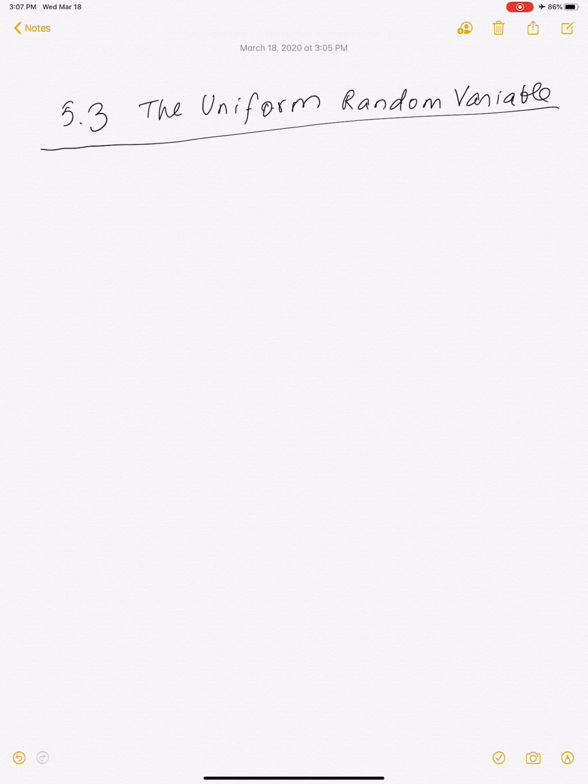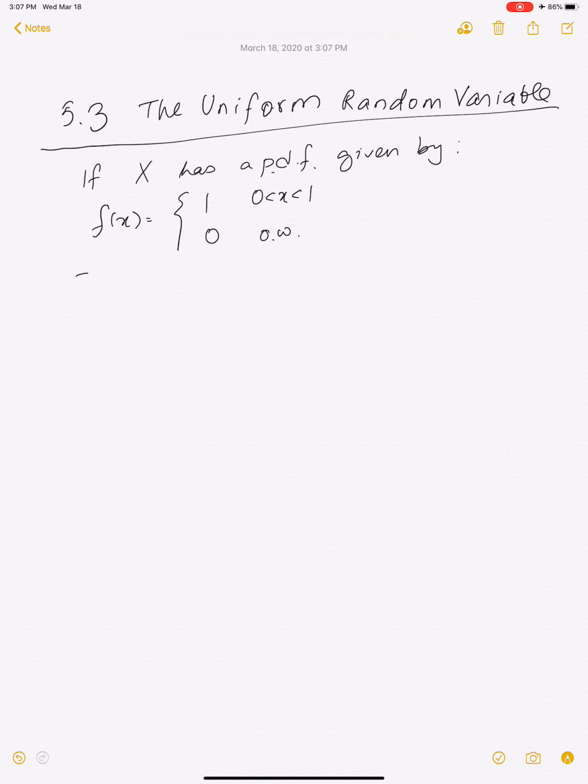So suppose you have a random variable whose density f of x is 1 when x is between 0 and 1 and 0 otherwise, OW standing for otherwise. If x has a probability density function given by this, then we say that x is uniformly distributed on the interval 0 to 1.